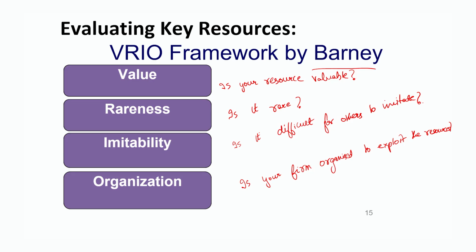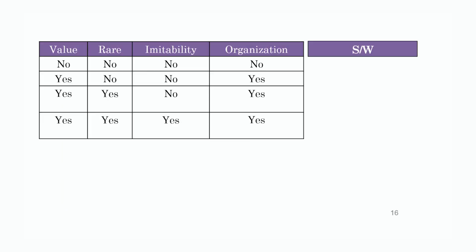So you need to answer these questions in order to know whether a particular resource will give you sustainable competitive advantage or not. If the answer to all the questions is no, that resource is neither valuable nor rare nor imitable and nor are you organized to exploit it, then it is your weakness, because you cannot use that particular thing.